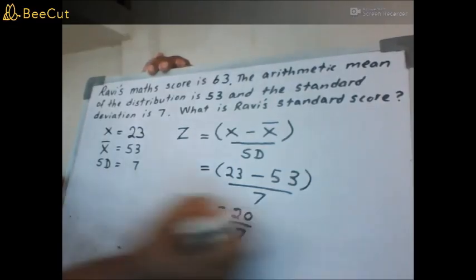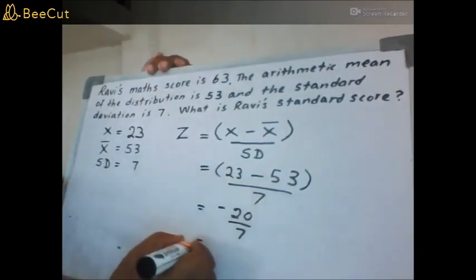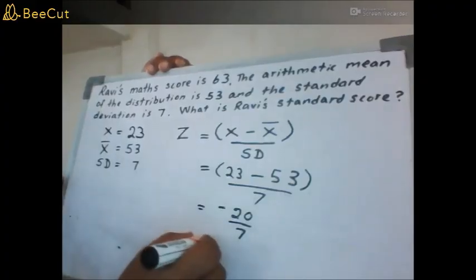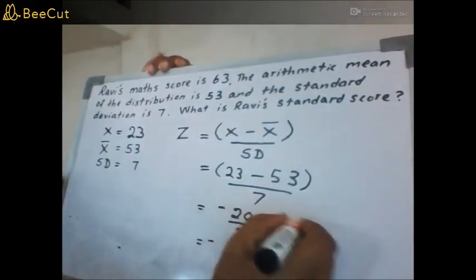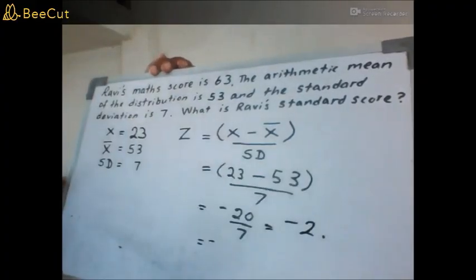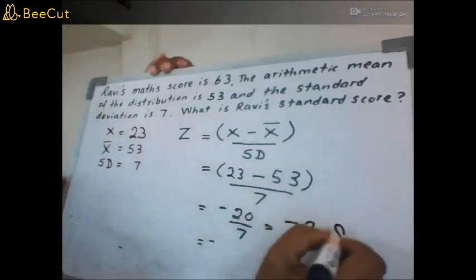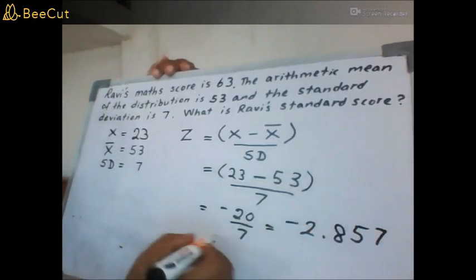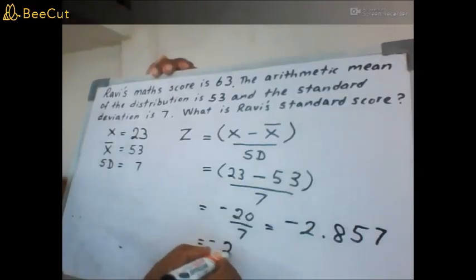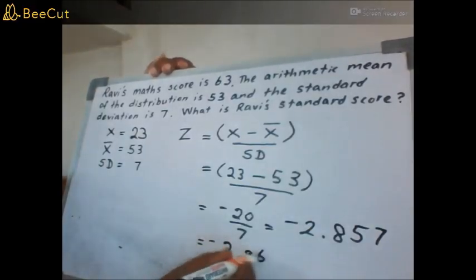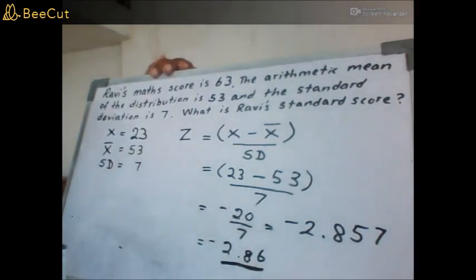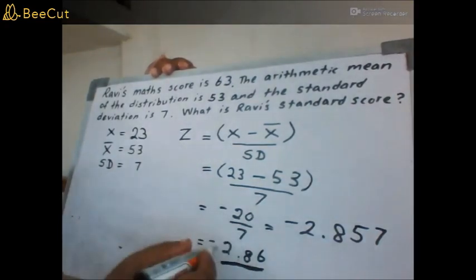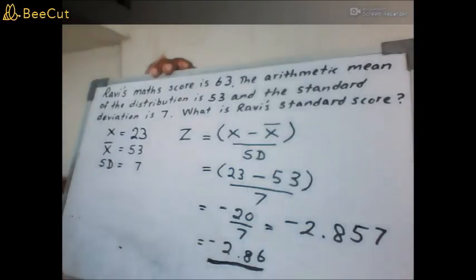Calculate this and you get minus 2.857, so the final answer is minus 2.86. How can you interpret this?